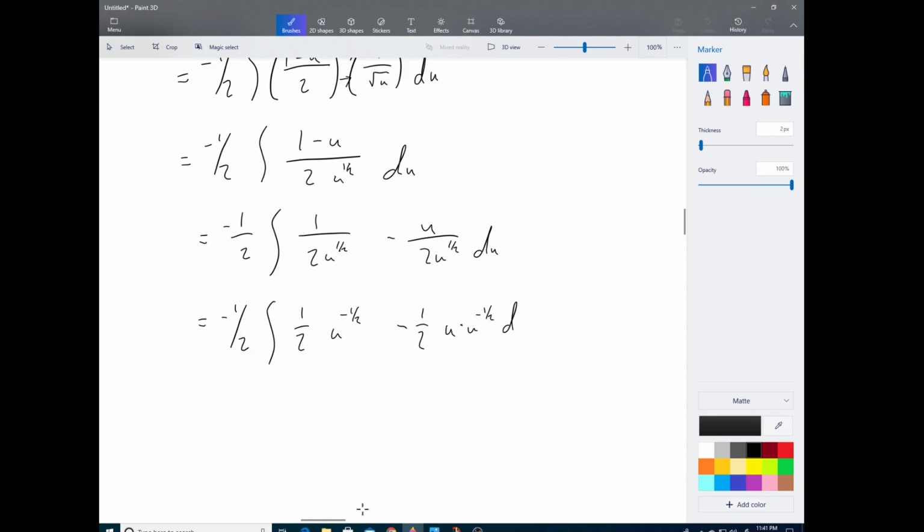I'm going to have to clean that one up a little bit, but we have a rule that says when you're multiplying together any things, really, it's not just variables, that are the same base, then you're going to add together the exponents. So 1 plus negative 1/2 gives me positive 1/2.